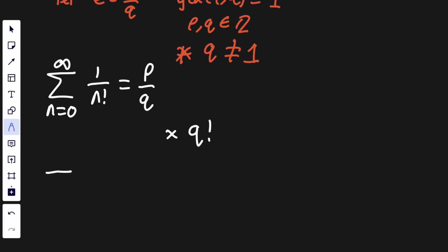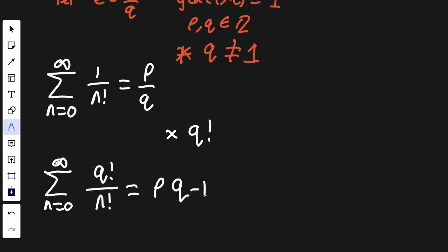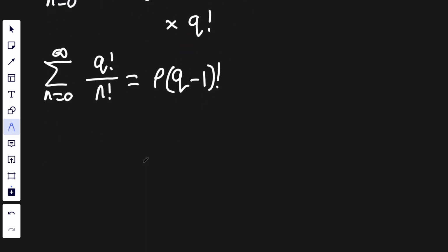This is going to give us a sum from n equals 0 to infinity of q factorial over n factorial. That's equal to p times q minus 1 factorial, since we've got q factorial and division by q, so we're left with q minus 1 factorial, like so. Now, why have we done this? The reason being is the thing on the right is an integer.